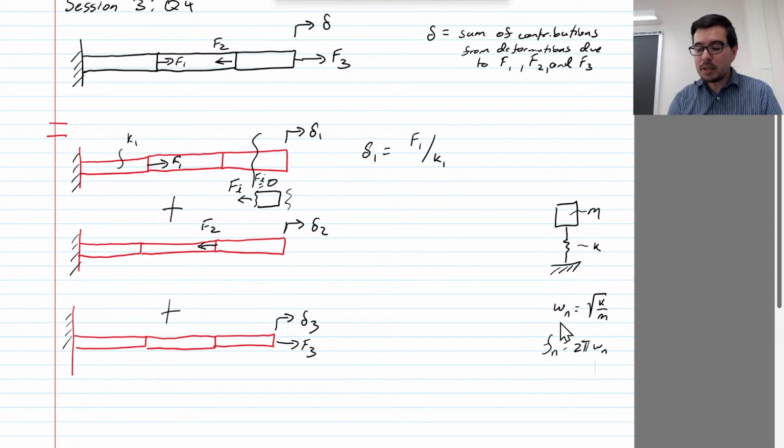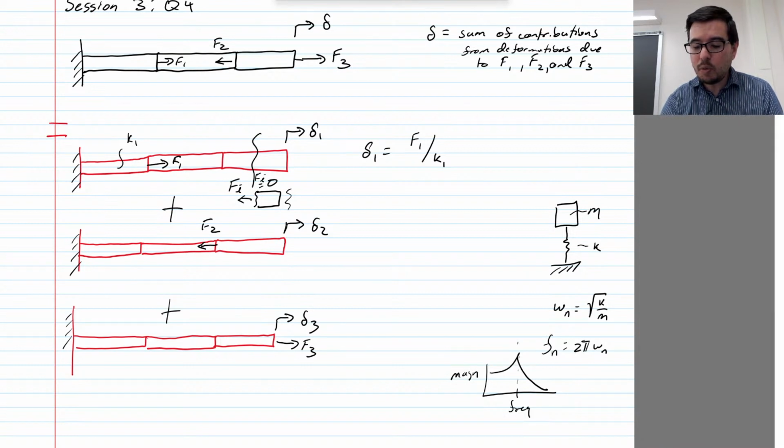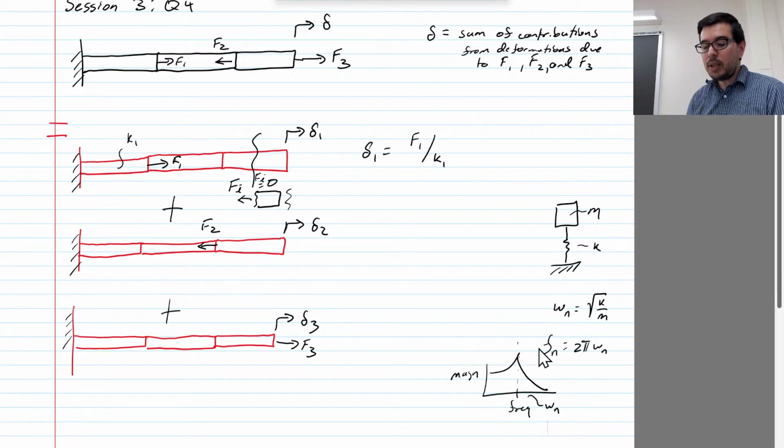And if you look at the frequency response, it does this. If this is the magnitude, and this is the frequency, and this is omega n, it will peak if your spinning speed ends up at the resonance. But what they do is purposely design the resonance to be very low, so it's very wishy-washy.